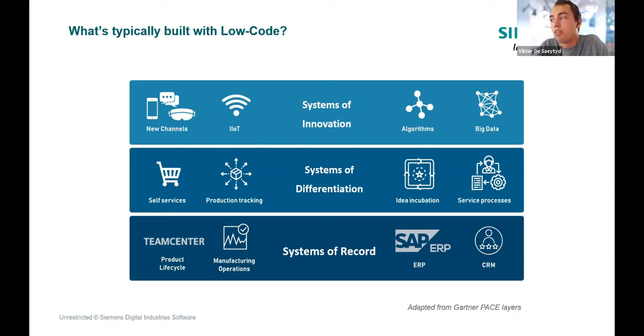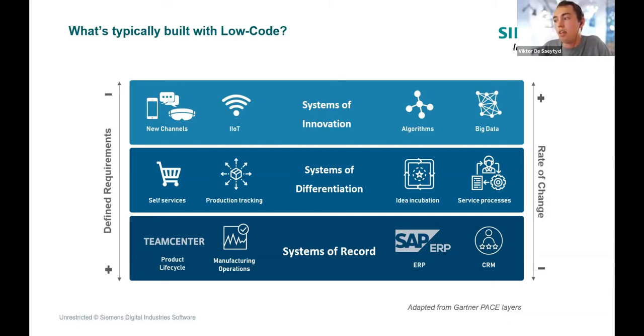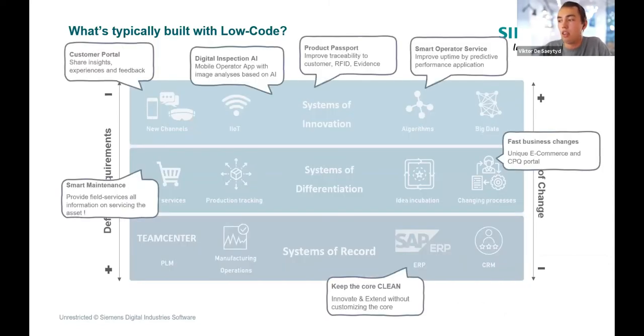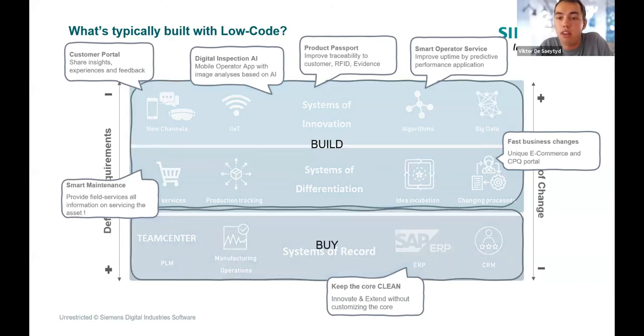A lot of people see that only in this area low code is of value. Actually, low code can mostly be applied in both the system of differentiation and the system of innovation, because there you really need to build new applications in order to differentiate or innovate.